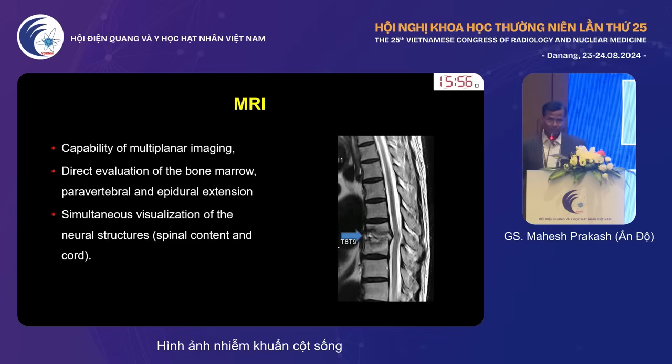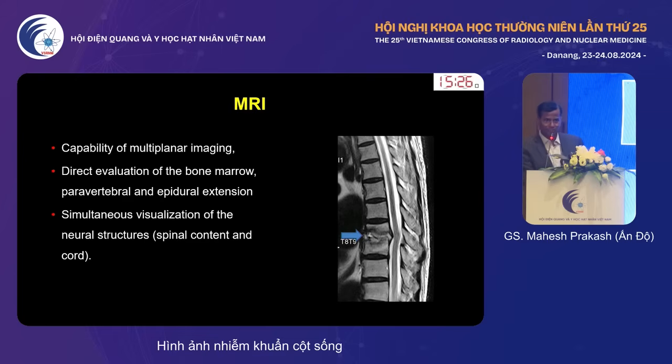Then comes MRI, and we all know that MRI is the gold standard for all infections. Why? Because of its multiplanar capability, and it evaluates not only the bones but everything apart from the bones, like the spinal cord and all its structures.